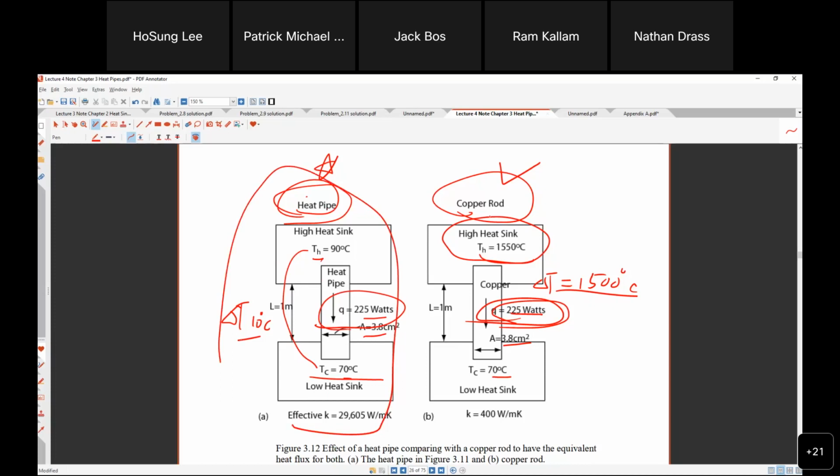In laptop and electronics cooling, the temperature difference is not high, but we need very high heat transfer. We don't need 1,000 degrees. So the heat pipe is good for laptop cooling.